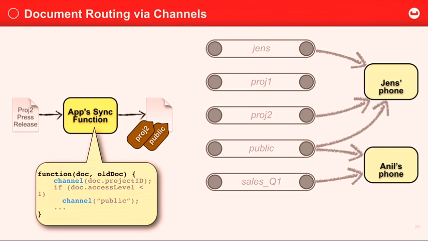And here's a snippet of a sync function that's doing that. So the channel command allows us to assign the document to a named channel. And in this case, if an access level property in the document is below a certain level, then the document will be mapped to the public channel as well.